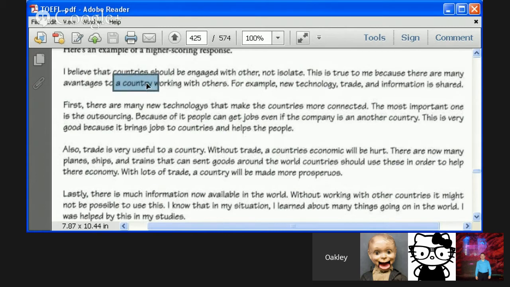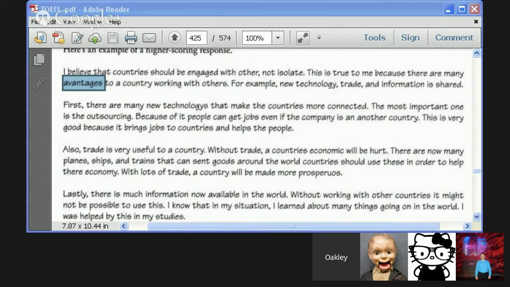And then the other problem, do you see it? Working with the others. The others? Well, no, here, misspelling. They're not advantages. Yes, the advantages. What's an advantage? I don't know what that is. There needs to be a D there. Advantage. Yeah. With the others, no need for an article.